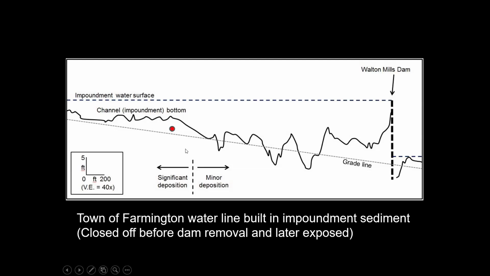So the town managed to find a workaround to service just a few homes that were being served by this pipe. They were able to close down the pipe. And with the dam removal, my understanding is that the pipe did become exposed. So it's a good thing that the study was done and that the potential problem was identified beforehand rather than having a problem after the removal.